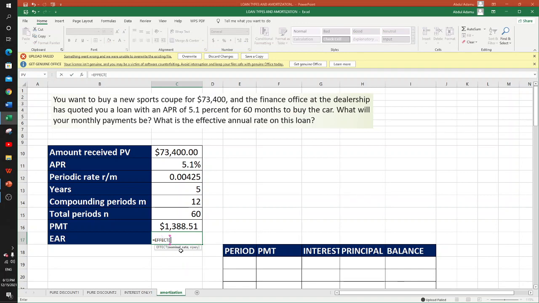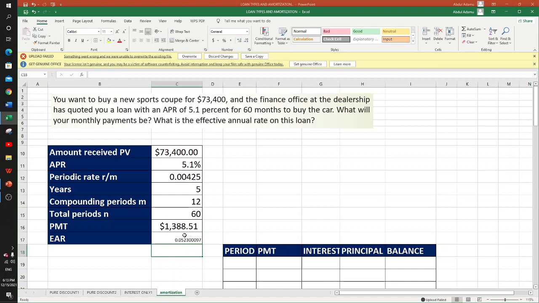Our nominal rate is this, the APR, comma, our number of periods is 60.